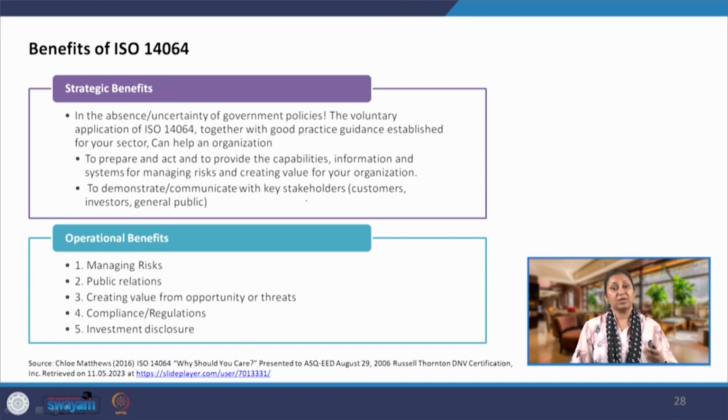Operationally, it will help them in improving public relations, managing risks, and creating value from opportunity or also threat, both. It also helps them to comply and standardize their operations by providing a framework of standardization of reporting.